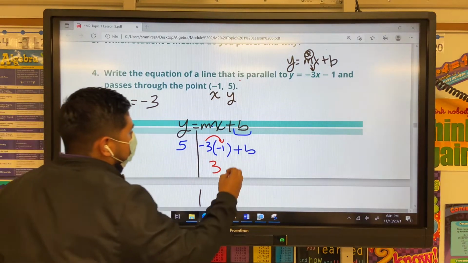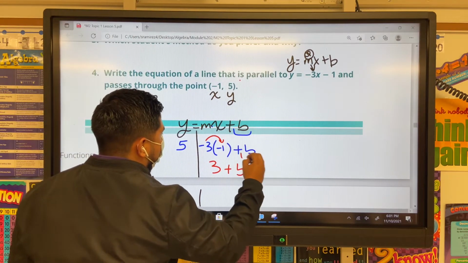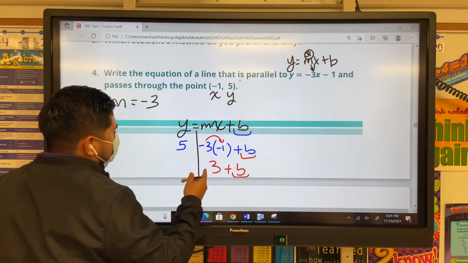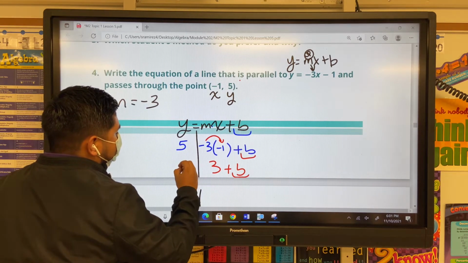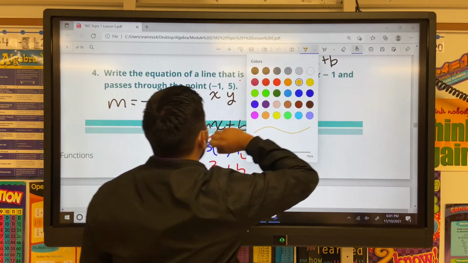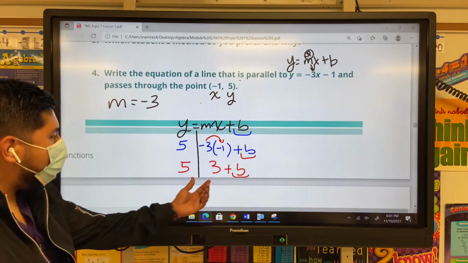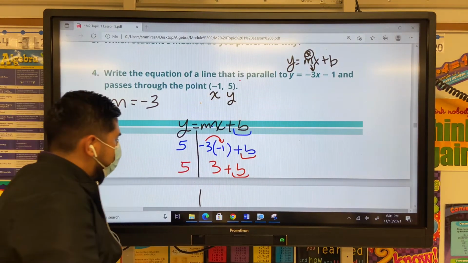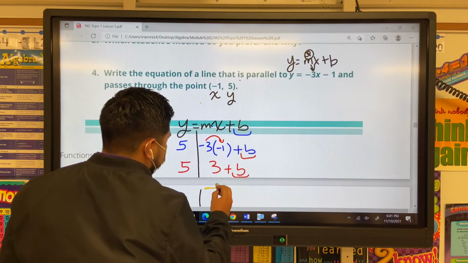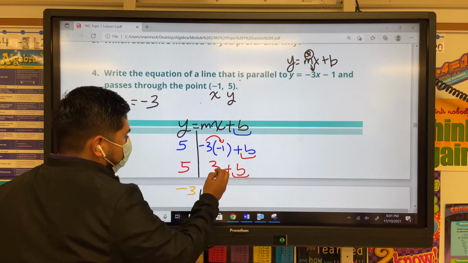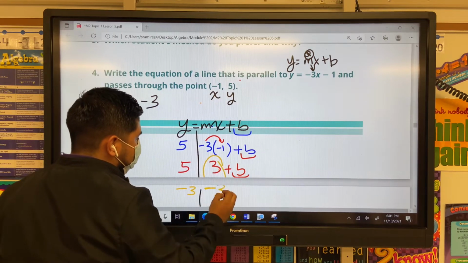After that, bringing down this plus b, we're almost there. Bring down this 5. I had a brain slur for a second. After that, I need to move this 3 over. The only way I can do that is by subtracting that 3. -3, -3. 3 minus 3 cancels.